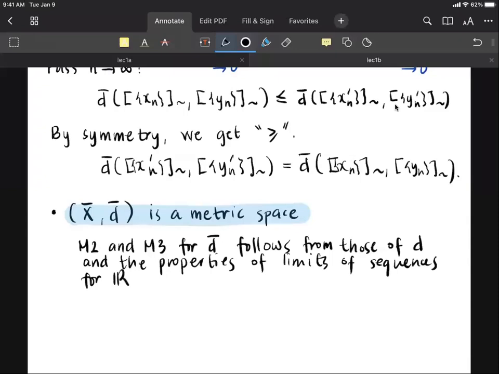So they are inherited. So the properties of symmetry and triangular inequality are inherited by d bar. And you can check that immediately.